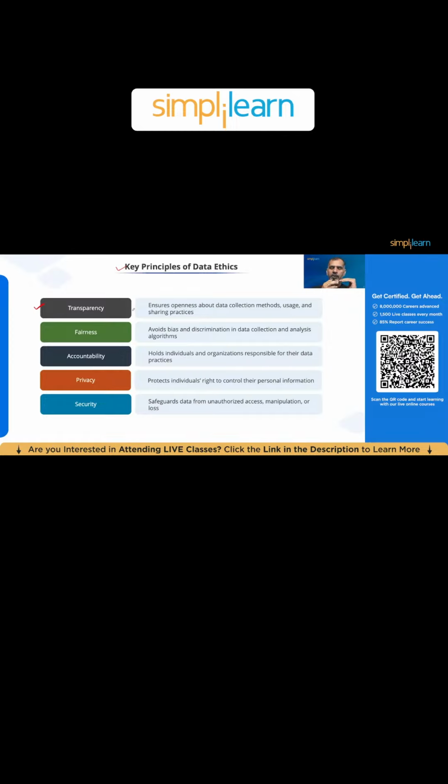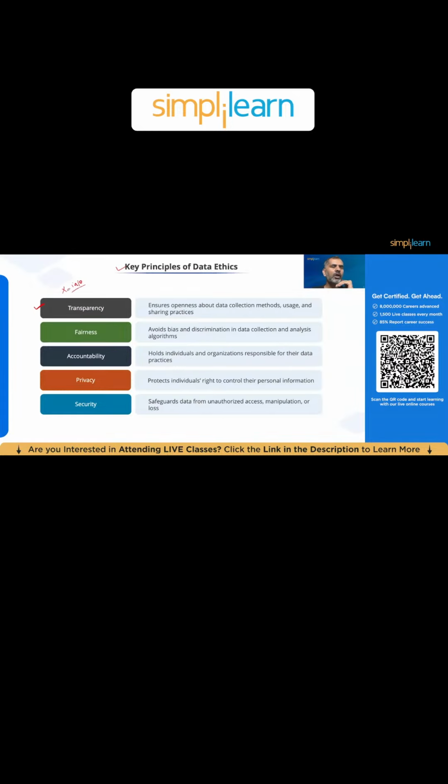If I'm collecting X information of any user, I have to make it very transparent how I am going to collect this information, where I am going to store it, what the uses of that information will be, and if that information is being shared with any third party, then what the sharing practices are. You need to be very clear while collecting the data.